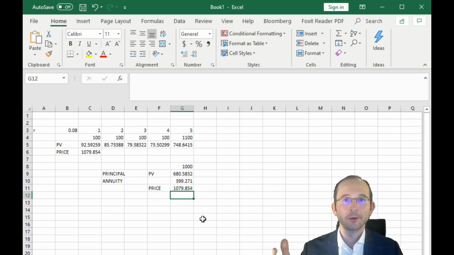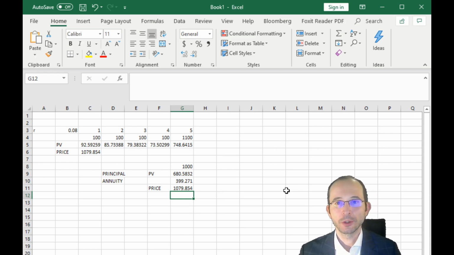So whether we choose to represent this bond as a sum of zero coupons or as a sum of an annuity plus a one-time zero coupon repayment of principal, we should get the same present value.